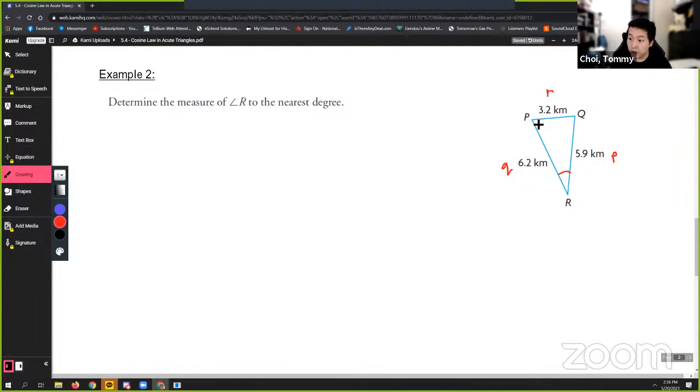And our formula that I would use, since we are solving for an angle, I would use cosine r is equal to r squared minus q squared minus p squared, all divided by 2pq, or qp, negative 2qp.